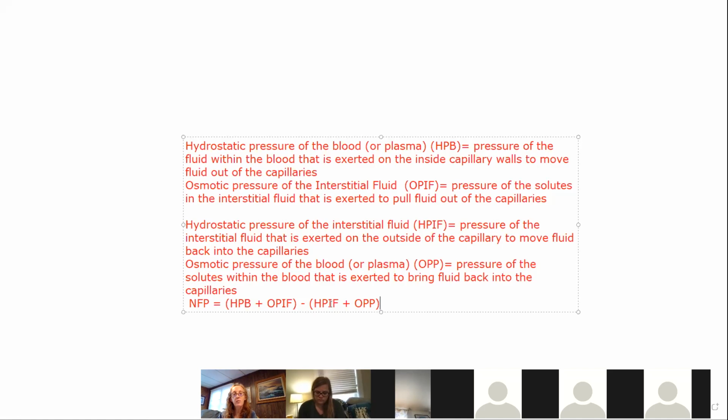It's important here, but even more important then. If the value is positive, and this value is greater than these values, then the net result is a net outward movement of fluid, because the net filtration pressure is going to end up being positive.